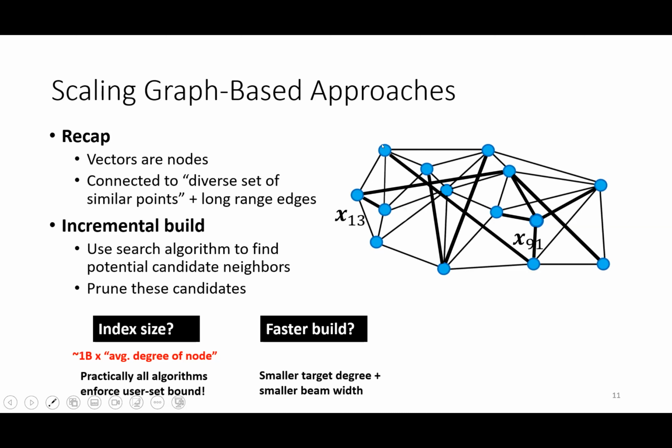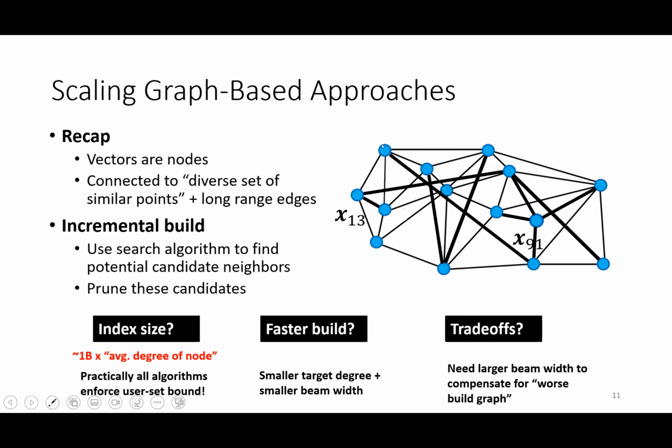How do we get faster build times? Well, we could try to make these graphs more sparse. That would help. In particular, Yusuke told you about this beam width. Like if you search for points, how many candidates are you going to store? Reducing this is greatly going to help. But if you do so, you might end up with much worse graphs after this building process.